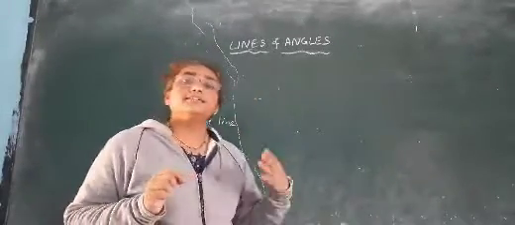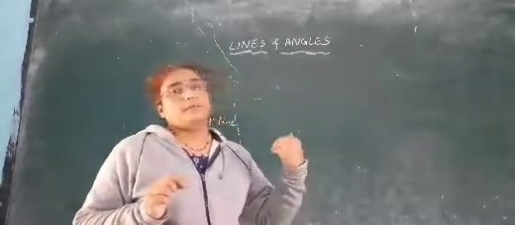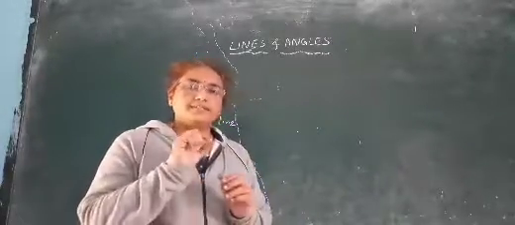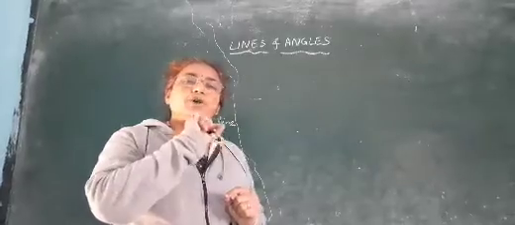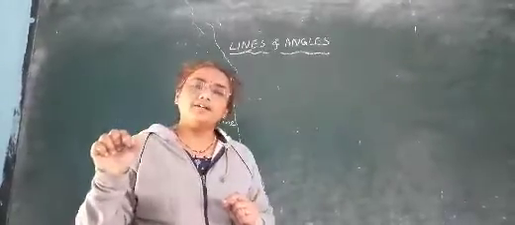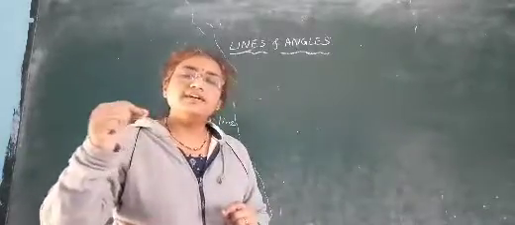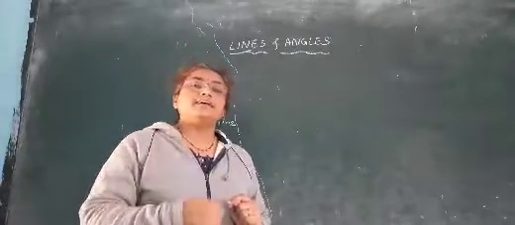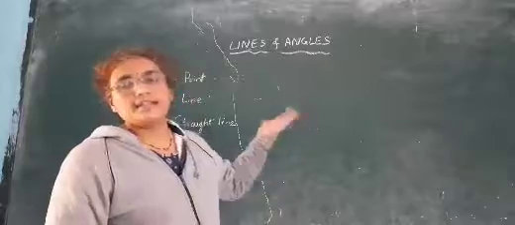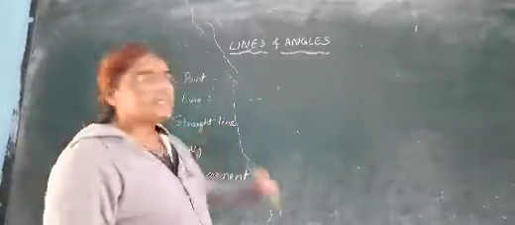Whether it is a straight line or any curved line, a line is a collection of points in one direction or in the direction we want. That is known as the line. Next comes the straight line.